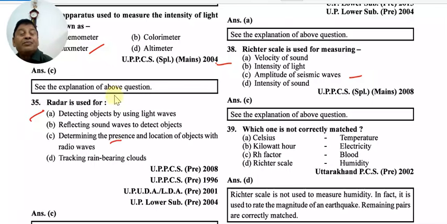This is the right response. Now come to this question, which one is not correctly matched. देख लें हम इसको, कौन correctly match नहीं है. Celsius, this is the unit of temperature, so correctly matched. Kilowatt hour is related to energy consumption, and RH factor is related to the blood, so correctly matched. So Richter scale with humidity is not correctly matched, because Richter scale is related to seismic waves. Okay.